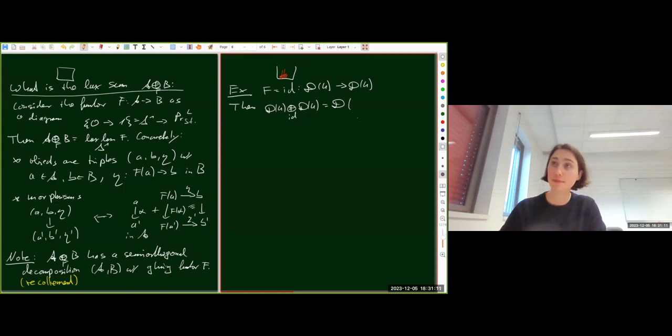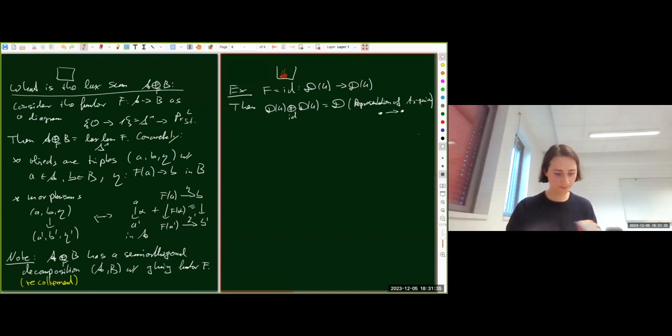And this is the same as a representation of the A2 quiver. Right. So that's maybe one concrete example.